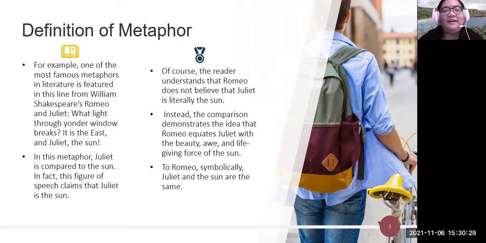Of course, we as readers understand that Romeo does not believe that Juliet is literally the sun. But instead, the comparison demonstrates the idea that Romeo equates Juliet with the beauty and awe and life-giving force of the sun. Okay, so to Romeo, symbolically, Juliet and the sun are the same. So that's what we have here. Okay.